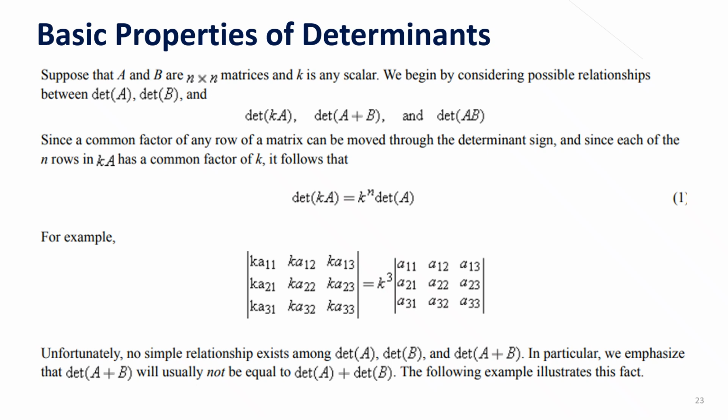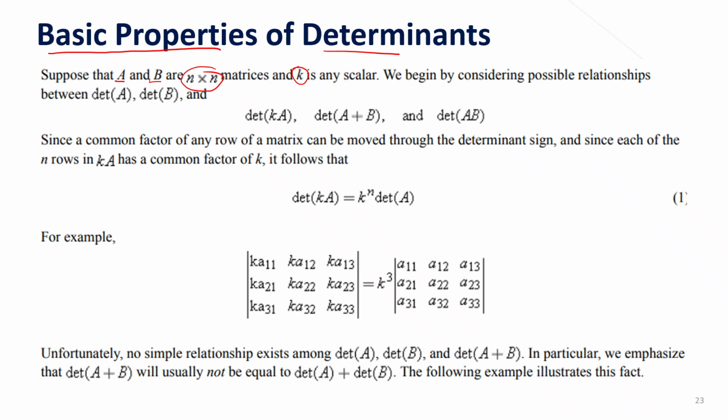Okay, now let's talk more about several basic properties of determinants. In this slide, we will talk about several possible relationships between, let's say we have a matrix A and a matrix B, both n by n matrices, and a scalar value k.